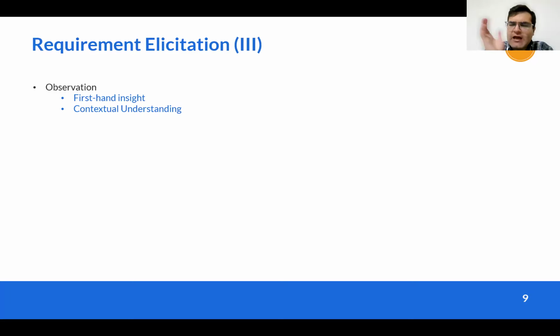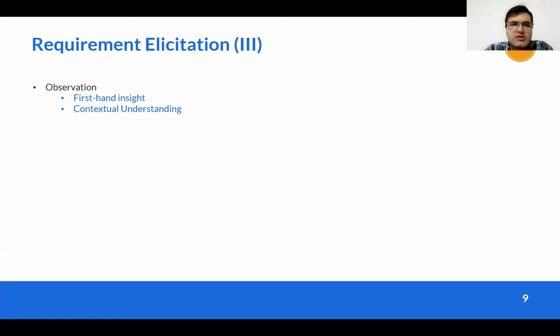For example, teachers, okay? I'm going to keep going to the school management system example. What you can do is go to the school and see how things are done by yourself, okay? And notice what are the problems that people are facing. That will give you context as to why people responded a certain way, okay?